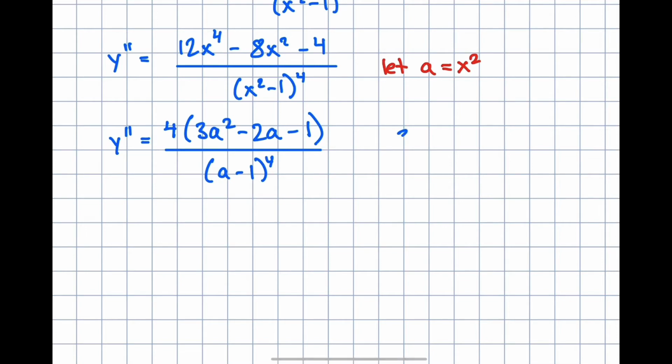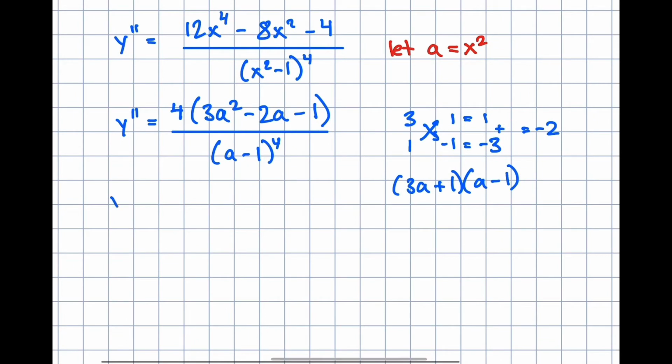I'm going to look for 2 multiples of 3, maybe 3 and 1, and then 2 multiples of negative 1, so maybe 1 and negative 1. 3 times negative 1 is negative 3. Getting ahead of myself there. And then 1 times 1 is going to be 1. And if you add those up, you get negative 2, which is the same as our b value in the quadratic, which means our factors are going to be 3a plus 1 times a minus 1.